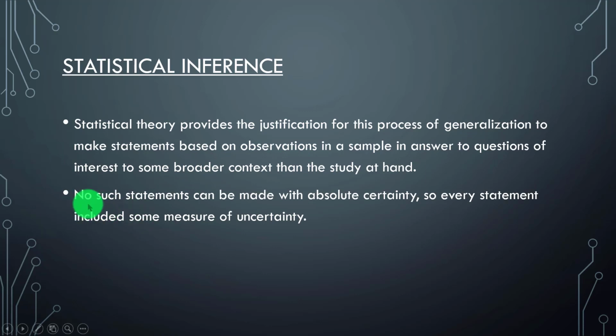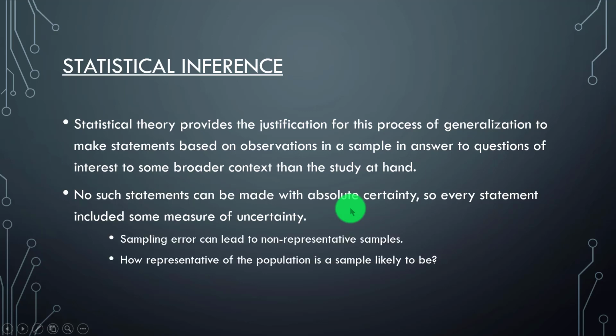So, no such statement or generalization can be made with absolute certainty. Therefore, every such generalized statement should include some measure of uncertainty. This is because even random samples are subject to sampling error, and that can lead to a sample that is not representative of the population.